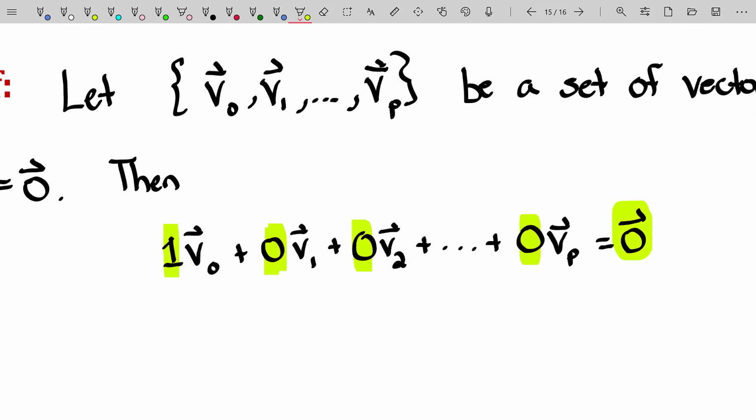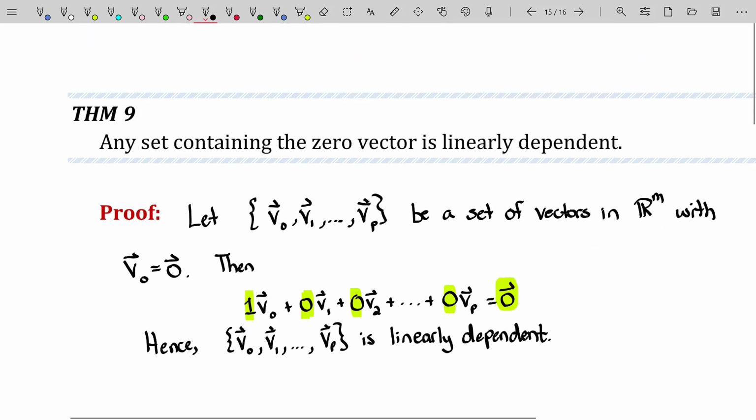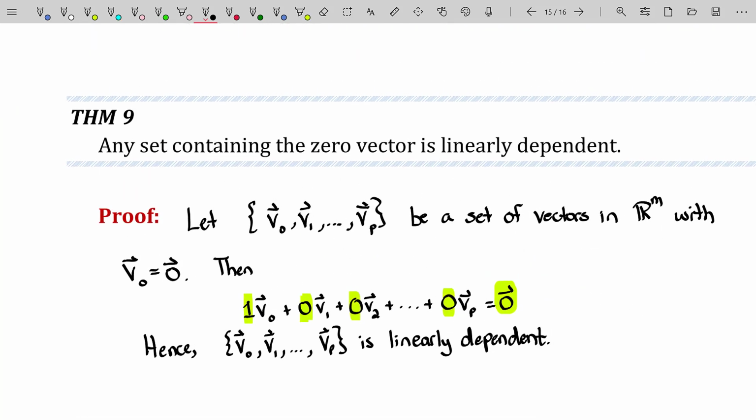By definition, that set of vectors must be linearly dependent. A really fast theorem to prove, a very nice theorem to have. It's not super common that you get to use it. However, when you can use it, it's pretty rad.